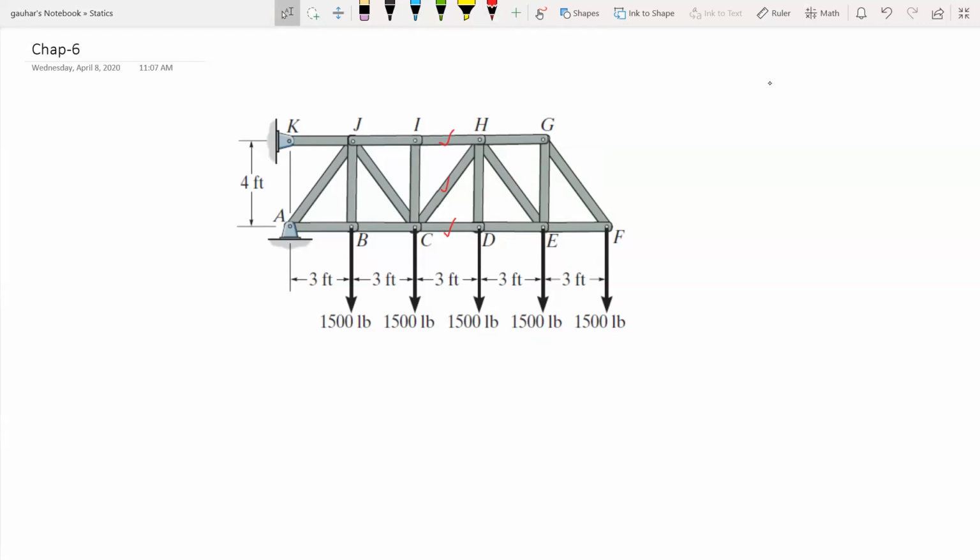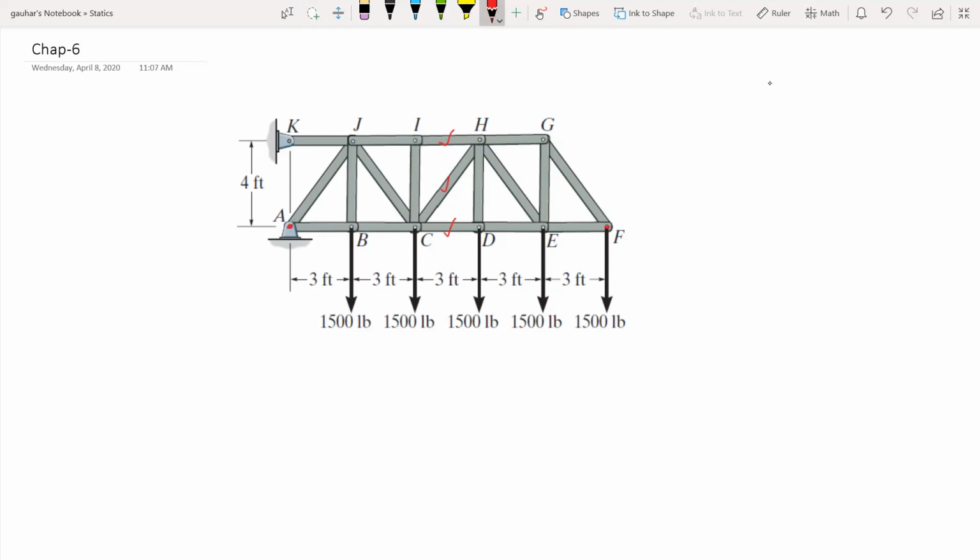Now we know that we are doing the method of sections, but just in case you have this problem and it's not given which method to use: if you go for method of joints, you may have to start from this point, or maybe this point. That's the problem with method of joints.